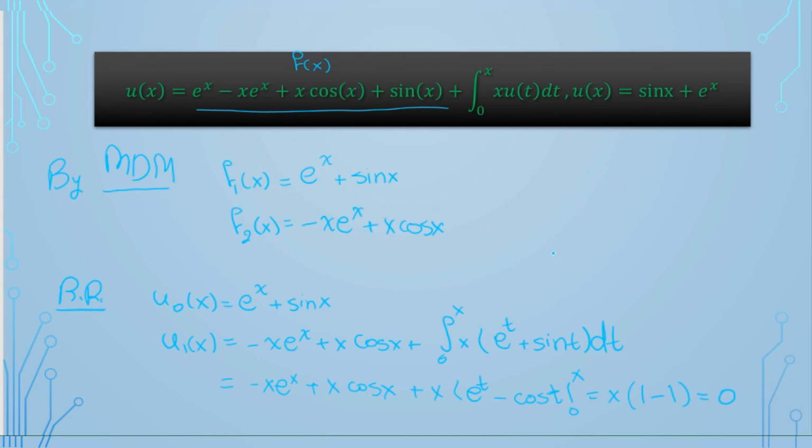So we can say, as in the previous examples, that u n plus 1 of x will be equal to 0 when n is greater than or equal to 1. Hence, u of x is equal to u0 of x, which is what we want.